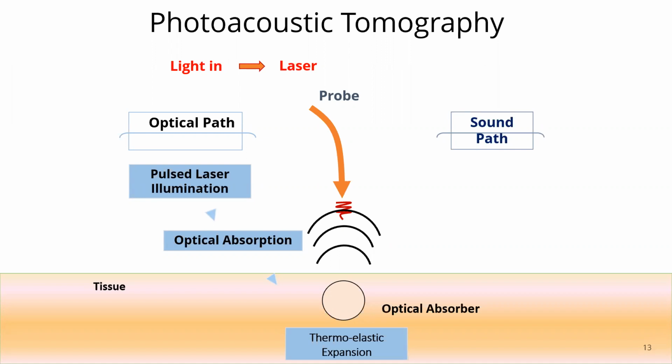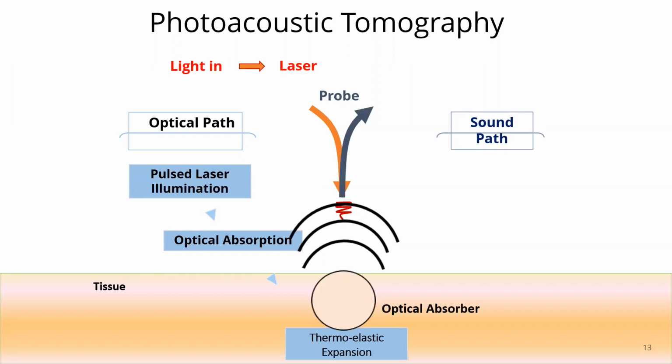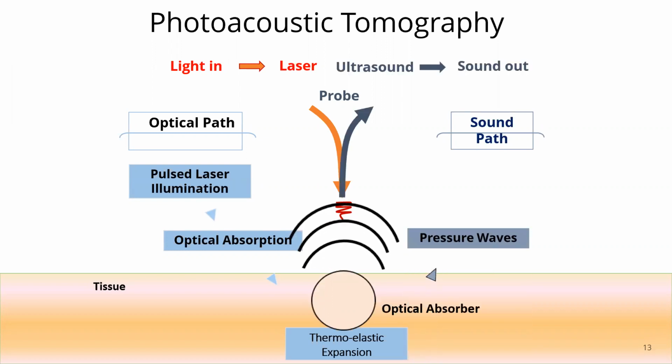Now this light is converted into heat through non-radiative relaxation, leading to thermoelastic expansion. Post thermoelastic expansion, pressure waves will be generated, which lead to acoustic signals that can be detected by the probe. So basically, photoacoustic tomography is light in and sound out.